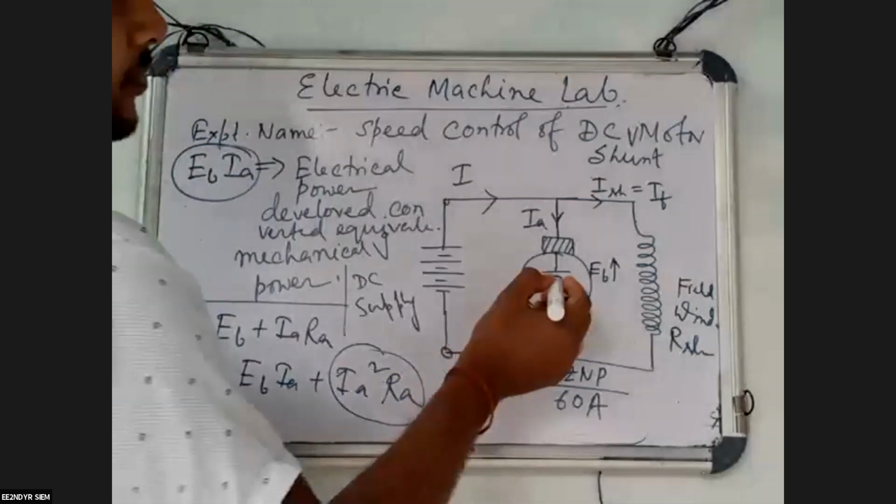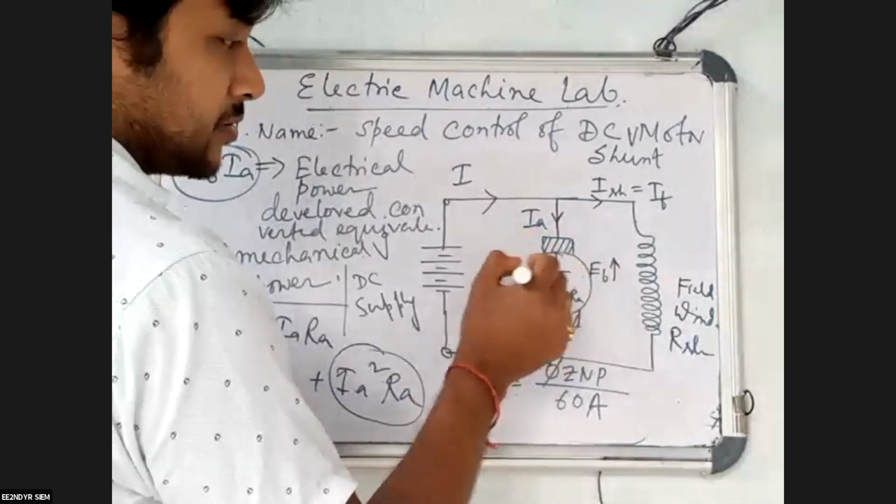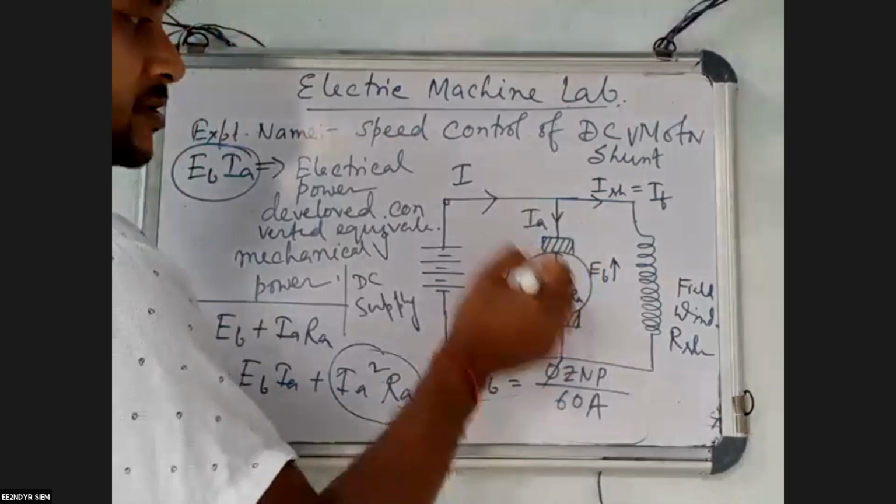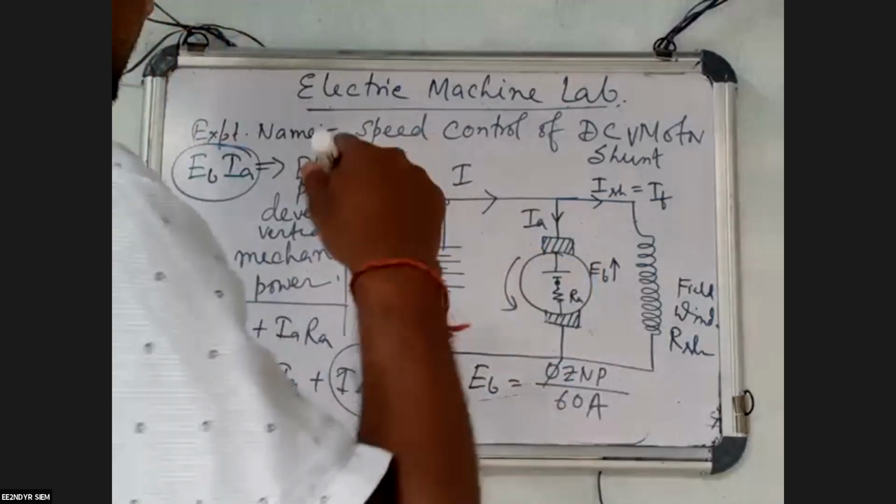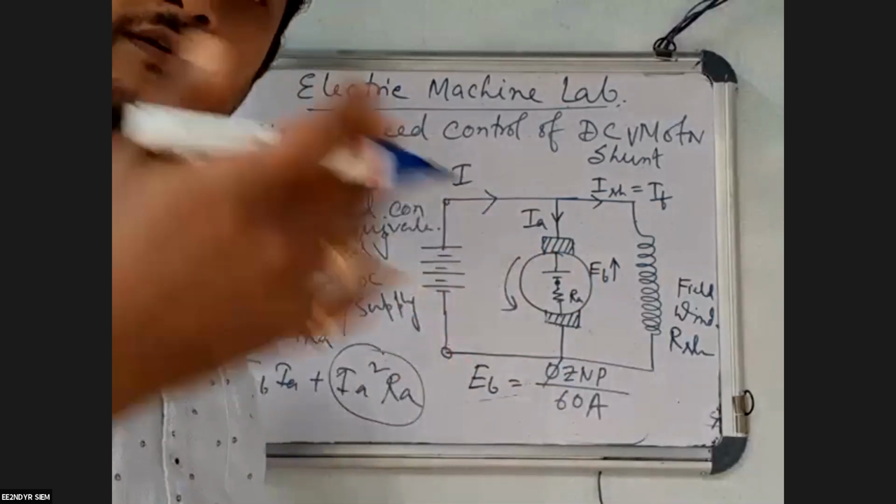Now say, when this particular shaft tends to rotate, this armature tends to rotate. So that is the rotational torque. Rotational torque is created.